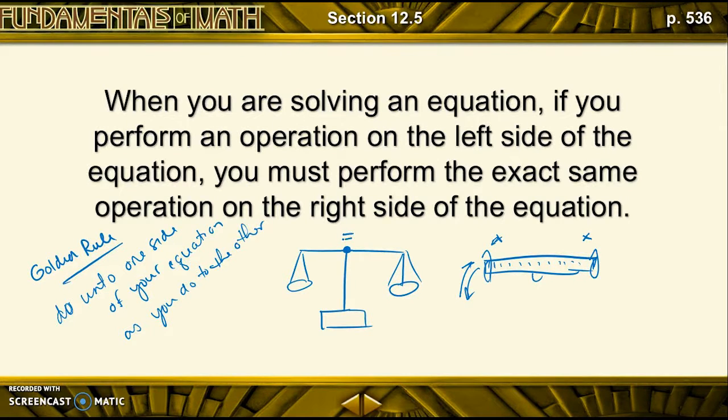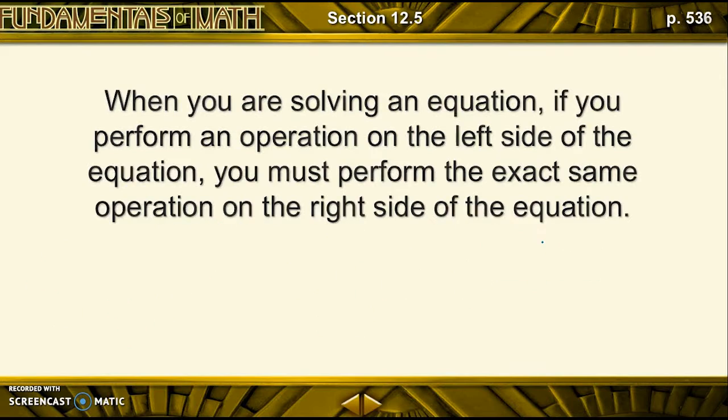This is our equation, and there's the equal sign in the middle, and both sides have to remain equal to each other. So if we're adding something to one side, we have to add it to the other. If we're removing something from one side, we have to remove it from the other. Same thing goes for multiplication or division. Whatever you do to one side, you have to balance it out by doing it to the other, because both sides always have to remain equal.